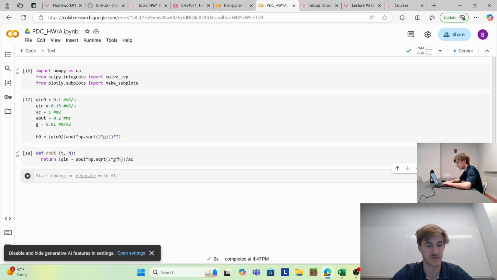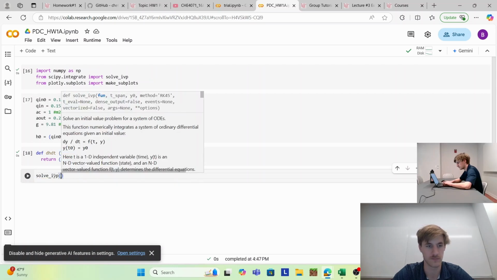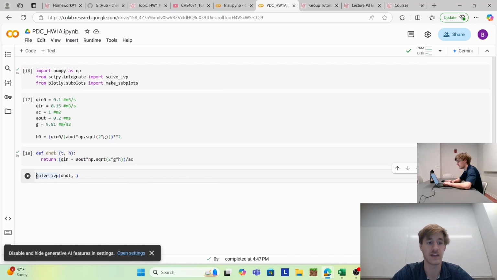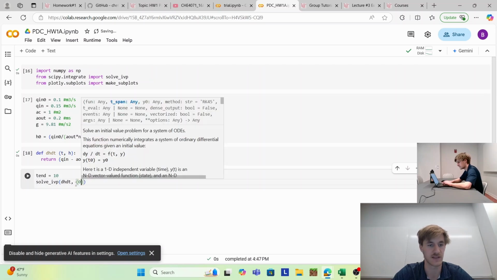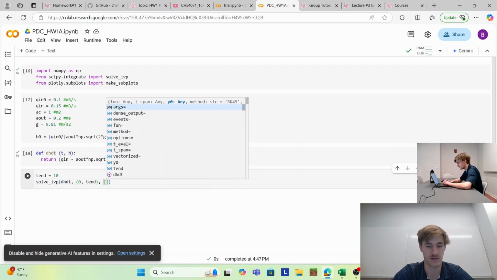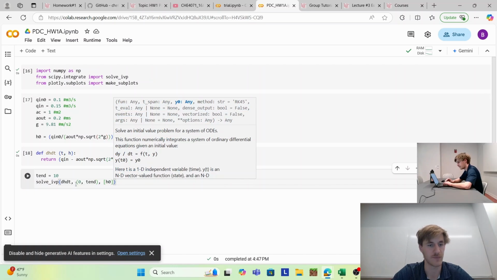And next, we'll want to solve the initial value problem. dhdt. We need an end time, so right now I'll just set that as 10 seconds. So from 0 to t end, we want our h naught.